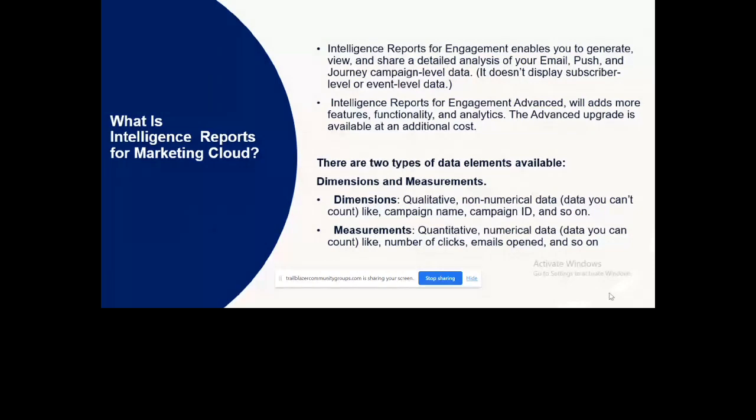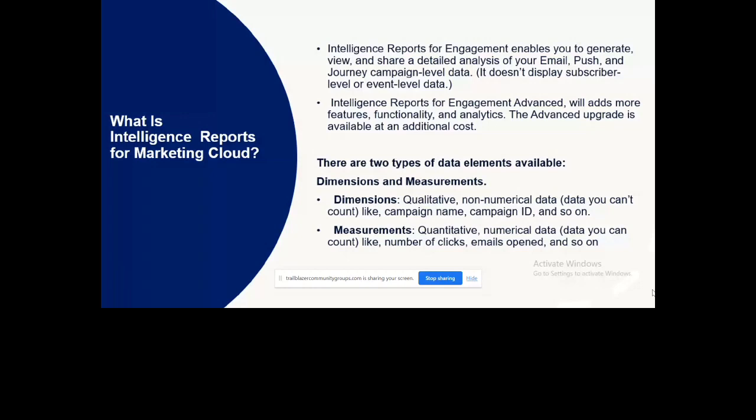A dimension represents non-numerical data which you can use for your segmentation, like campaign name, campaign ID, journey name, journey version. These are dimensions, which we cannot measure numerically.